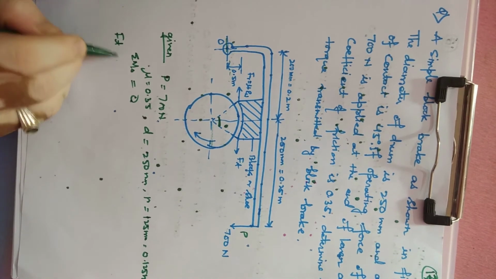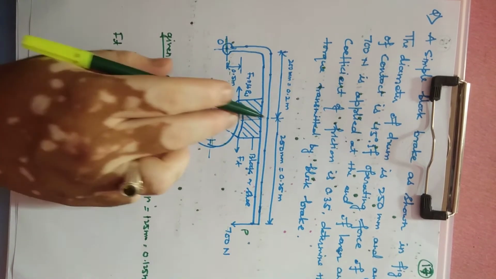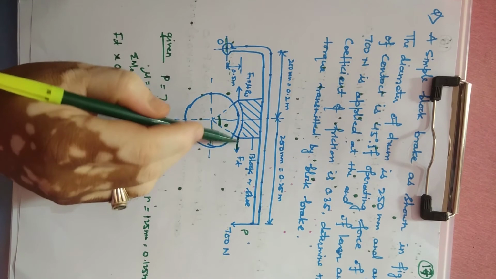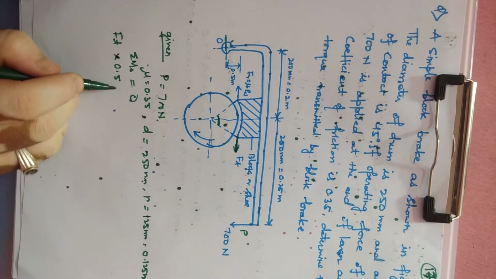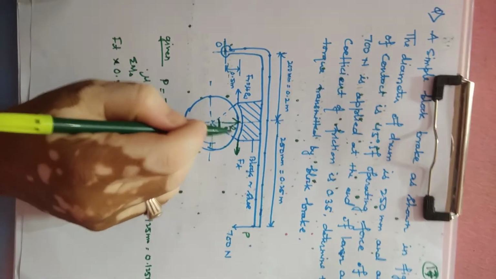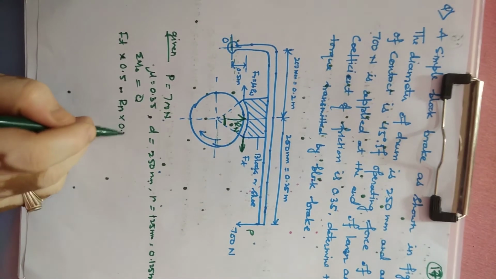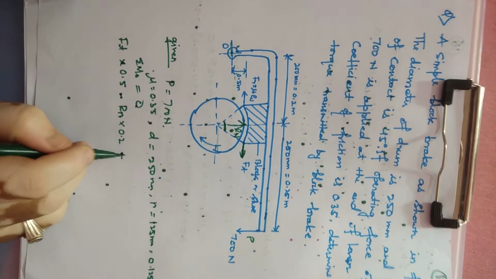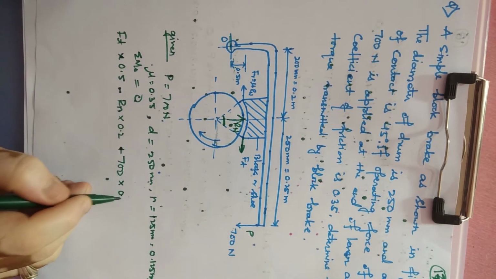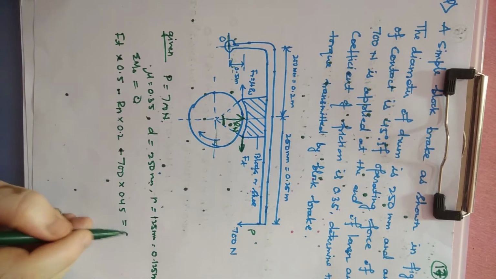Now Ft into 0.5, this Ft into 0.5 minus Rn into 0.2 plus 700, this P is the 700 into 0.45, this equals 0.